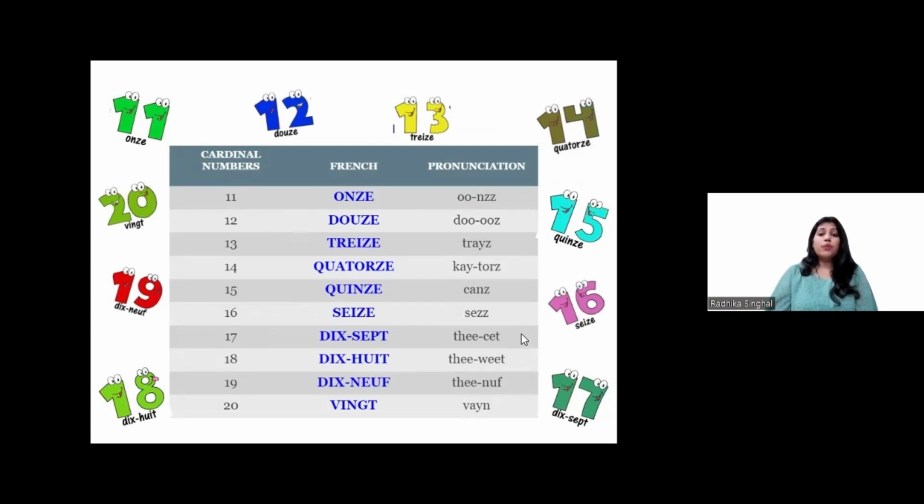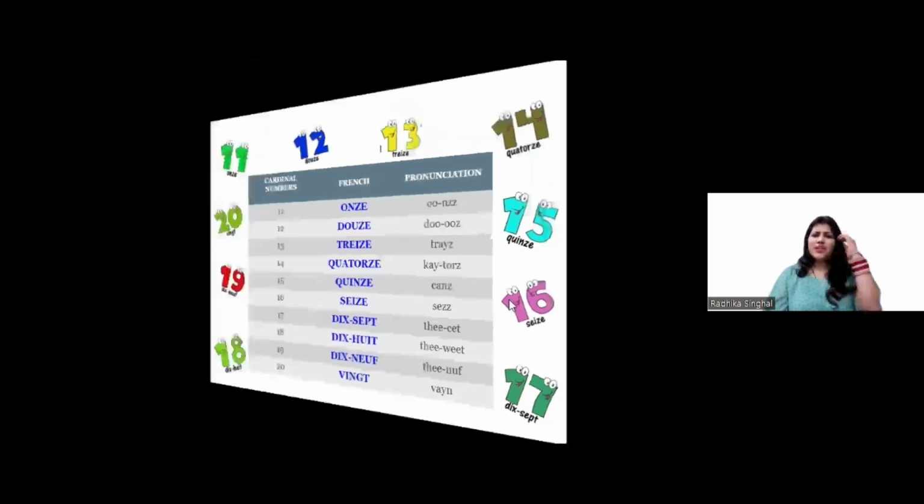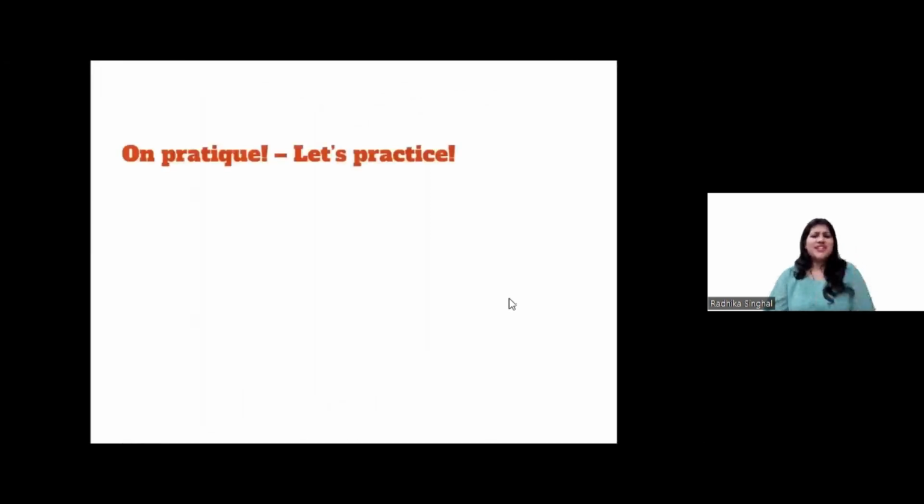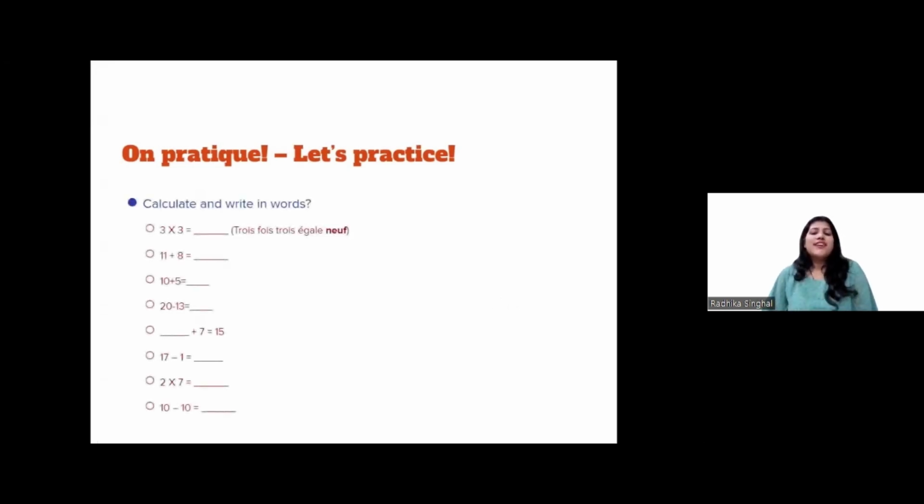Now, we're done with both letters as well as numbers. But how can I end the session without a practice exercise, right? Radhika, we're only going to practice writing numbers. You just have to calculate and write in words.